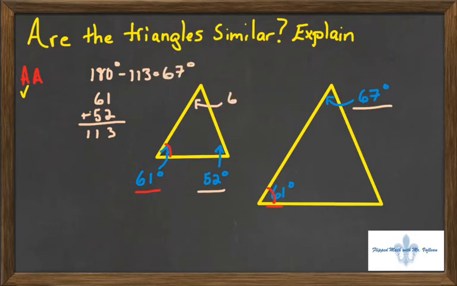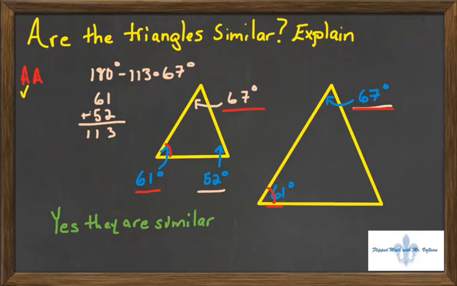So we know this angle is 67 degrees. And if we look over at our larger triangle, we have a 67 degree angle and a 67 degree angle. So we know that these two triangles are similar. So we say, yes, they are similar.